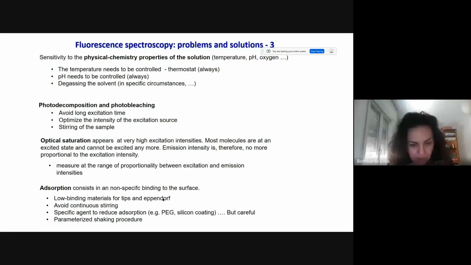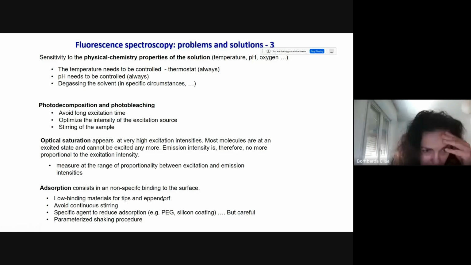The consequence was a reduced fluorescence signal, because the protein was mainly attached or close to the wall of the cuvette, so it was no longer in the center where I was detecting it. And so the signal was lower than expected.